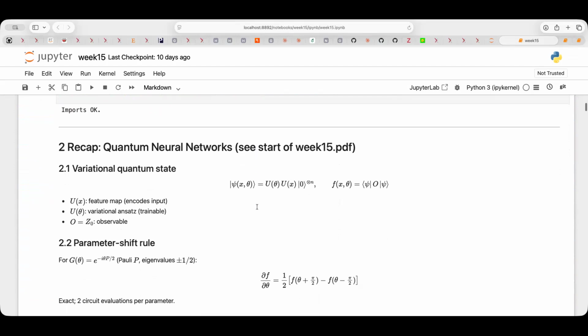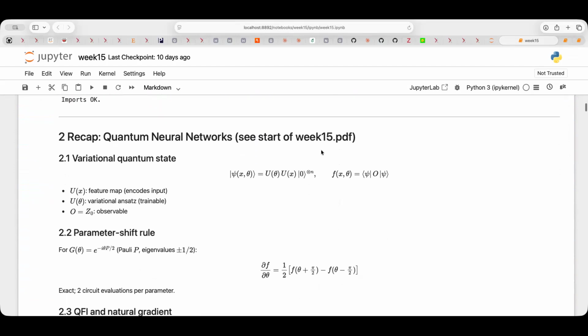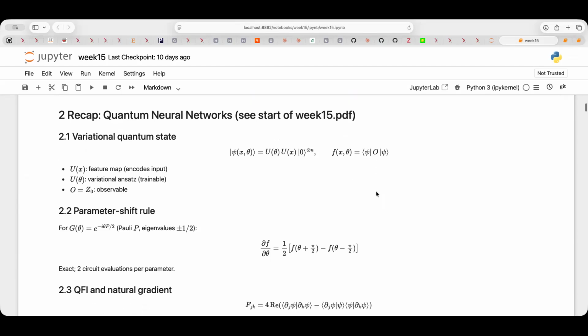So again, the basic machinery, if you go into the weekly slides from last week, you have an encoding part, you have the variational part, and then you have the initialization of the system. And you have some observable, where you typically could measure one of the qubits, or you could measure all the qubits, and then you calculate this expectation value.